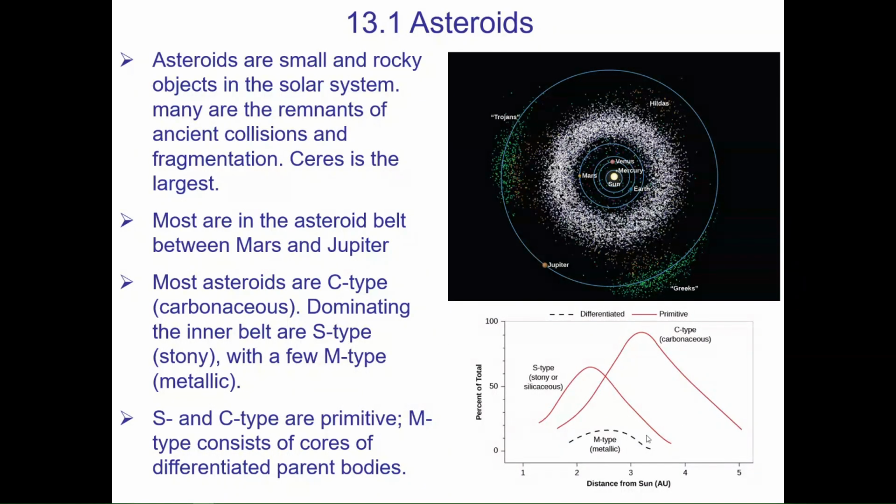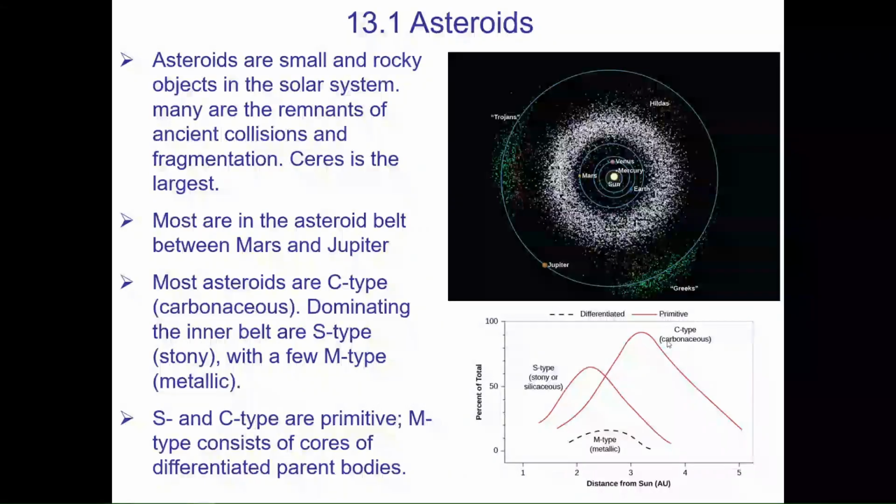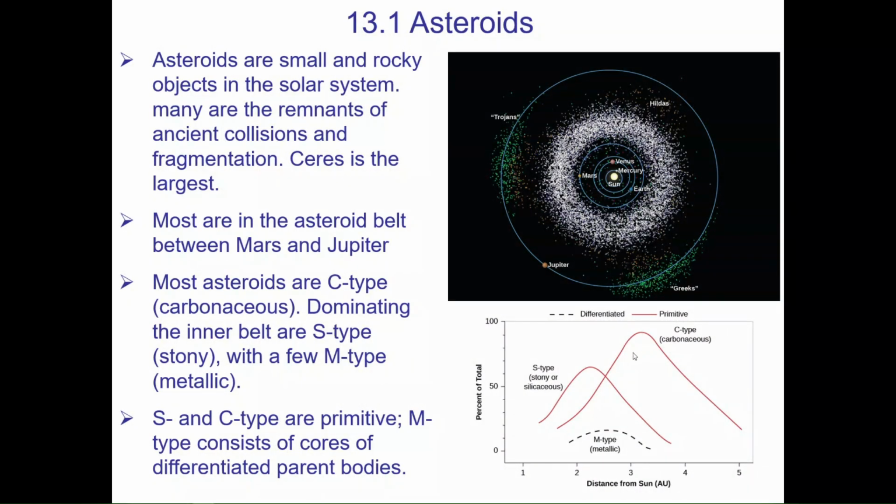If you look at where the 3 different types of asteroids are located, you can see that the x-axis is distance from the sun. You can see the S-type stony asteroids are actually closer, and the C-type, which is the most common asteroid, a little bit further away. And among those 3 types, we believe the S and the C-types are primitive.